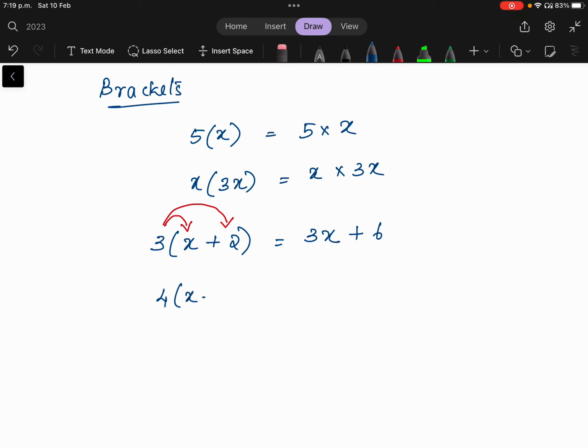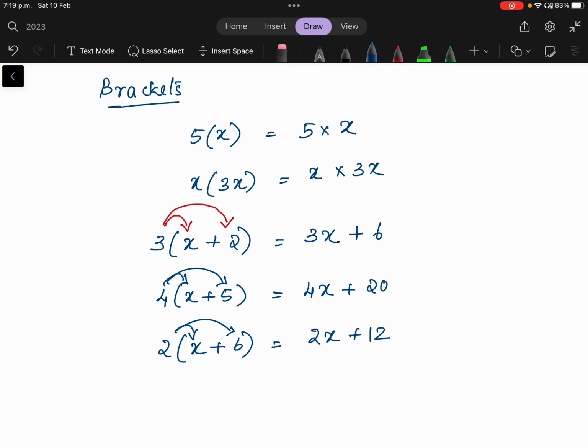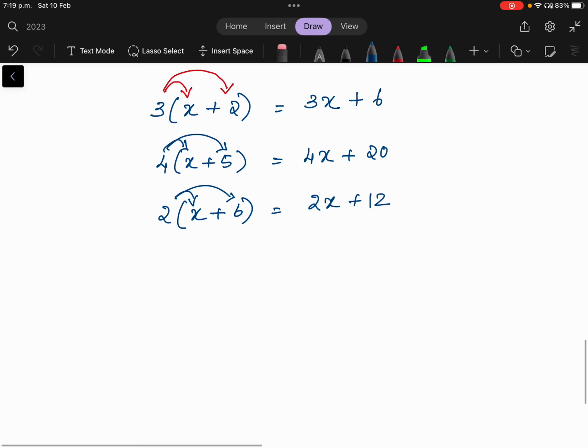I'll show you one more thing. 4 times (x plus 5): you multiply 4 times x, which is 4x, then 4 times 5, which will be 20. 2 times (x plus 6): multiply this, 2x plus 2 times 6, which will be 12. Minus 2 times (x plus 3): minus 2 times x is minus 2x, minus 2 times 3 is minus 6.